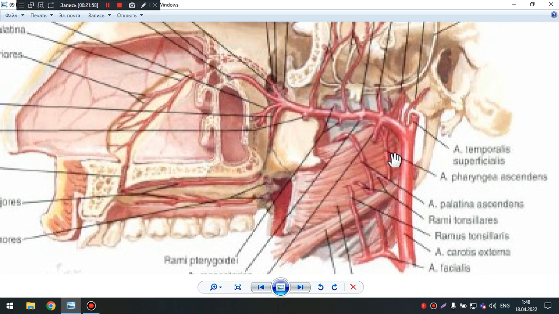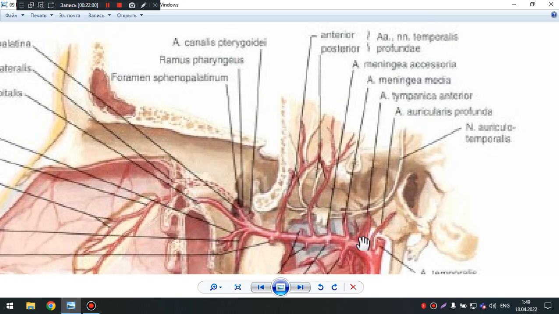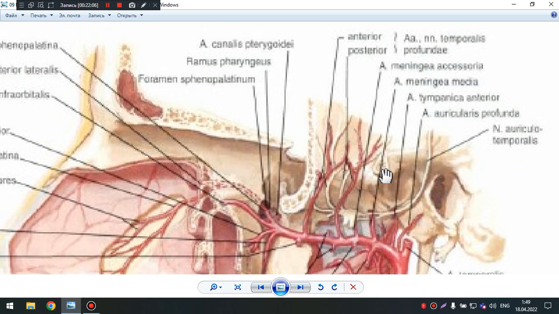Blood supplies the pharynx, and gives the posterior meningeal branch to the posterior cranial fossa, which enters through the jugular opening into the posterior cranial fossa.